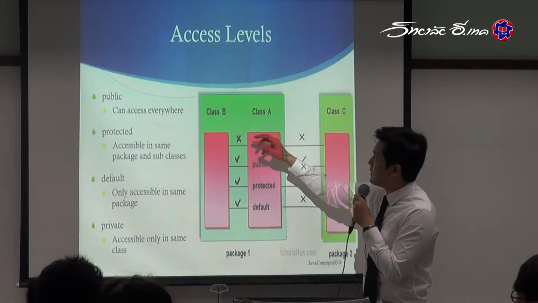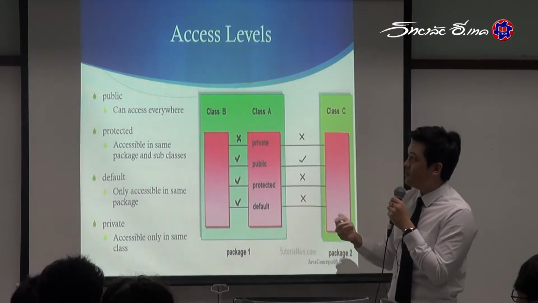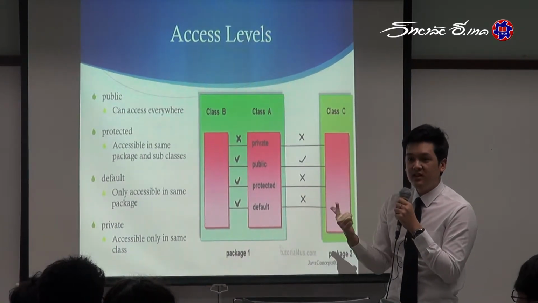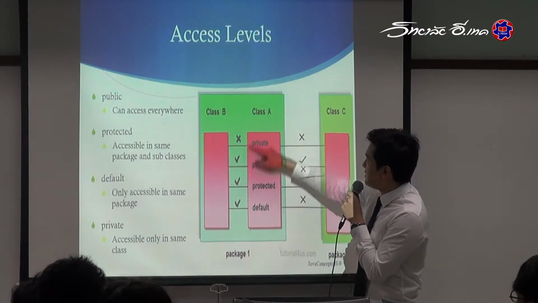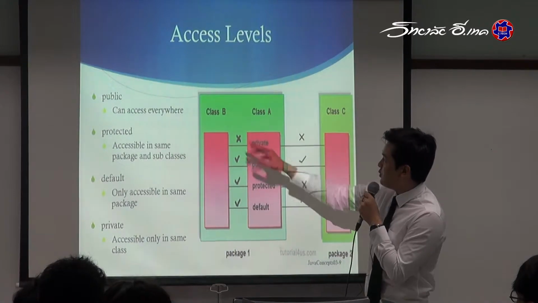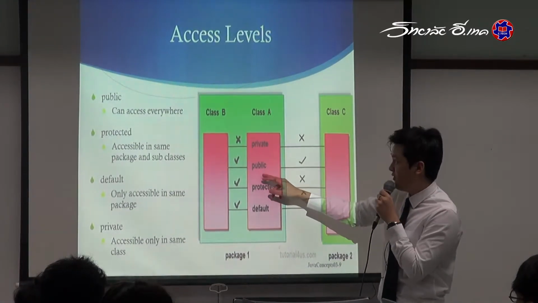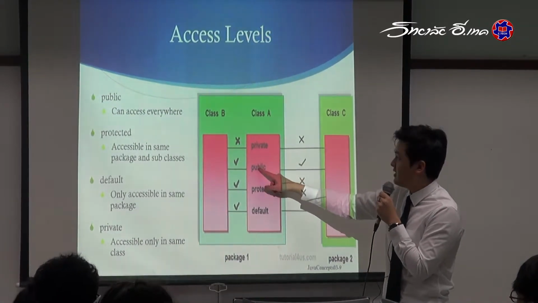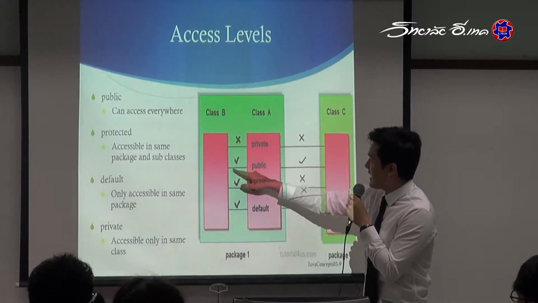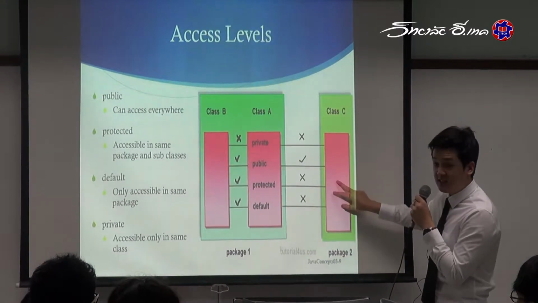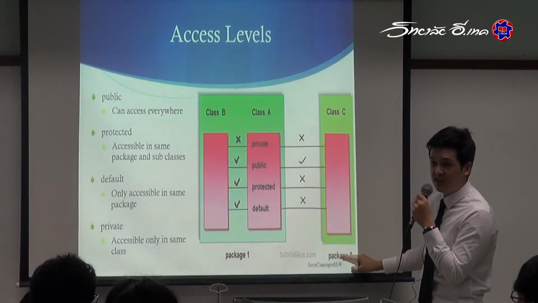These access levels, we can use them for variables, methods, and classes, okay? So let's look at Class A. If we have a method or variable as public, it means everyone can access it, right? Class B can access it, Class C can access it, even if it's in a different package.